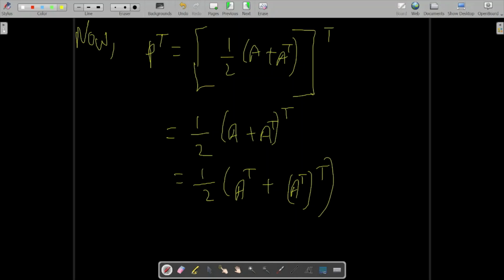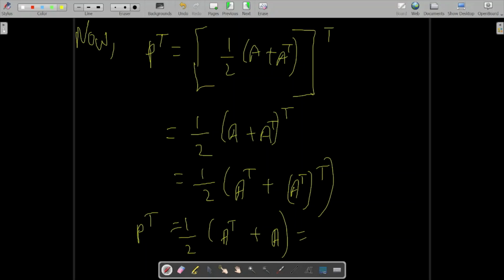A transpose transpose, you know very well, will be the original matrix A, since the transpose of a transpose is the original matrix. And A transpose will remain as it is. So clearly this is P transpose.